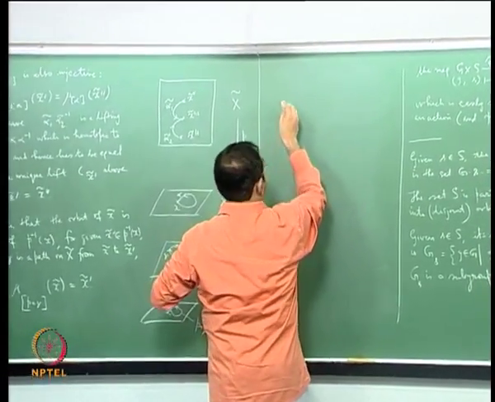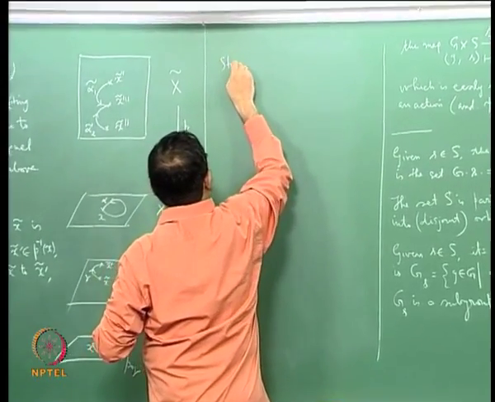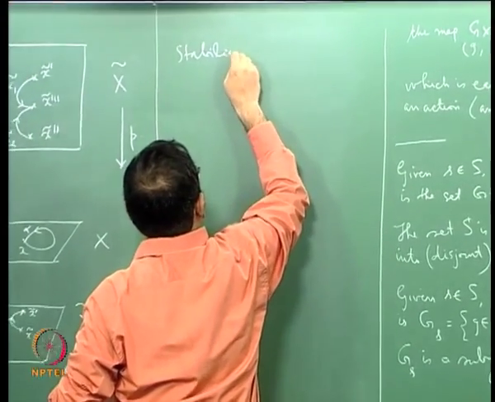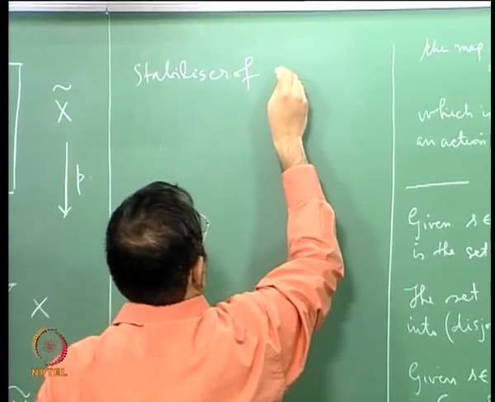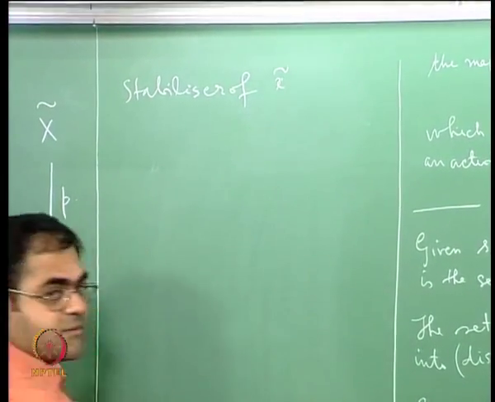What is the stabilizer of the point x tilde?